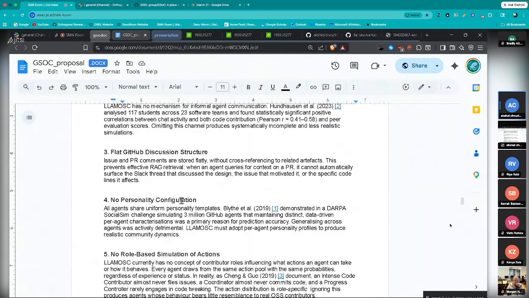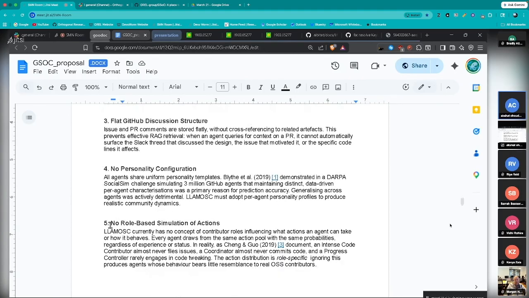No personality configuration. Right now, the personality of an agent is written statically. It is basically just one string which we can modify to change the agent's behavior. So we can just add a bit to the front end, which allows the user to use some pre-built or a custom personality. No role-based simulation of actions. Right now, they work on bidding for the contribution part.